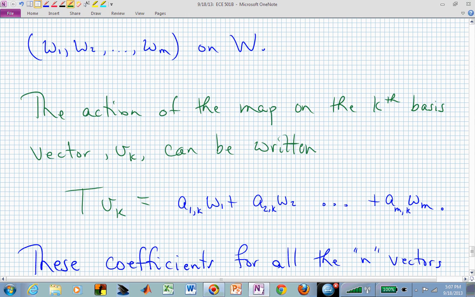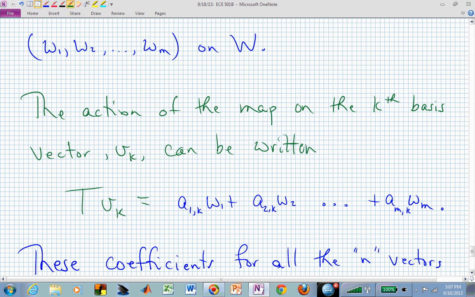That's an efficient way to find another set of vectors in your codomain. So we take our linear map T and we work on each of these N basis vectors in our domain, capital V.